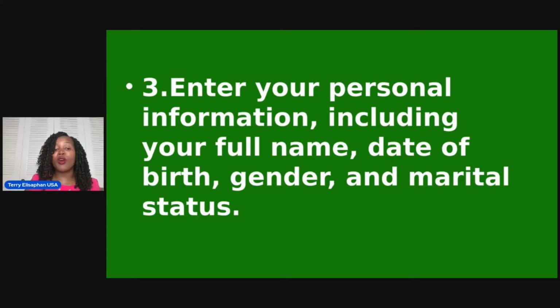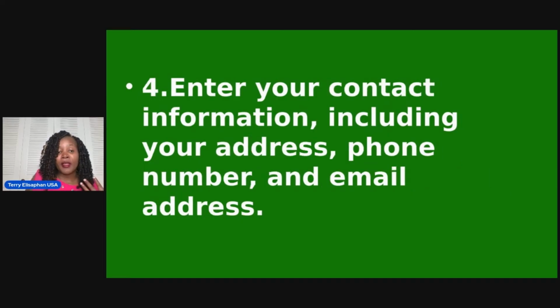So for this one, you're going to maintain what you stated in your initial application. I hope we are together there, because if you don't do the correct thing, I don't know why people decide to leave out this crucial information, but you've got to stick with this kind of information, because this is taken very seriously. Okay. Next is where you enter your contact information, that is your address, your phone number, and the email address.